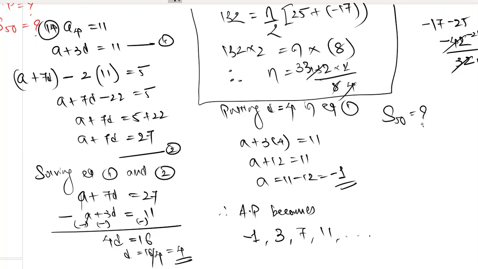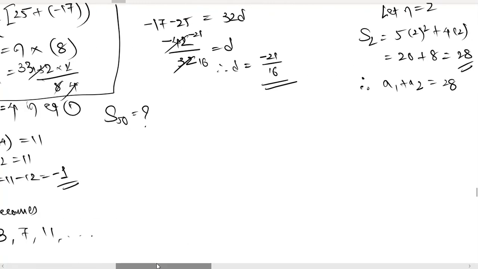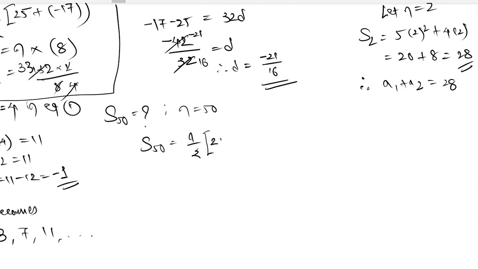Sum of 50 terms. N is equal to 50, right? In finding sum of 50 terms, the N is 50. So sum of 50 terms is equal to N by 2 bracket 2a plus n minus 1 into d.